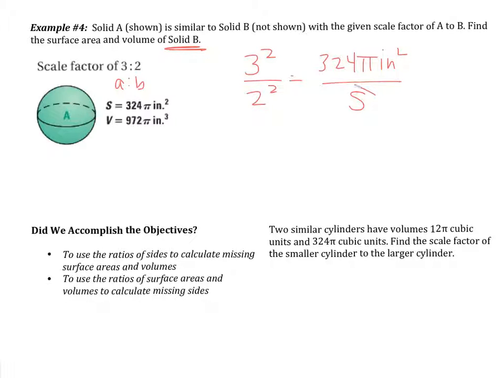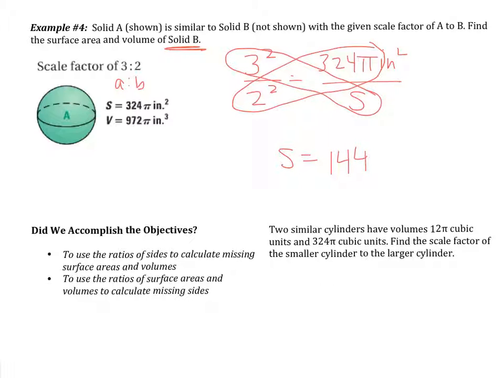This time though, when you cross multiply, do not cross multiply with the pi. We're going to just stick the pi on at the end. So see if you can tell me what S is equal to. 144 pi inches squared. Anybody need help with that? Again, all you're doing is 324 times 2 squared, or 324 times 4, and then divide by 9.